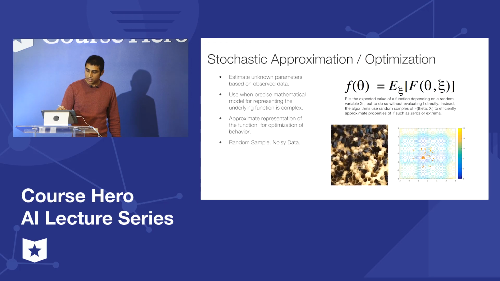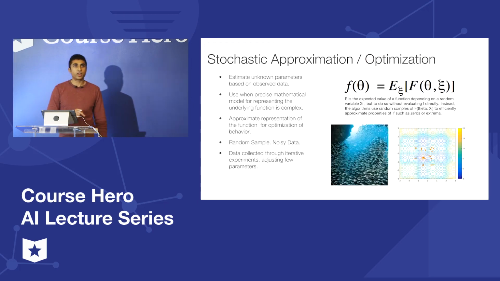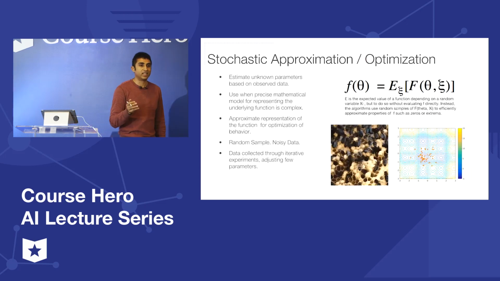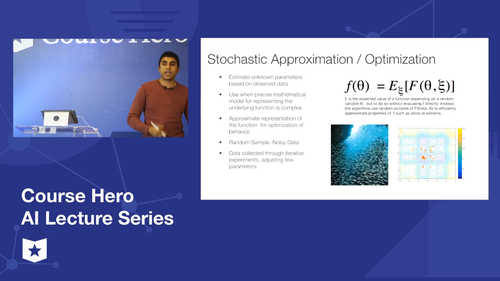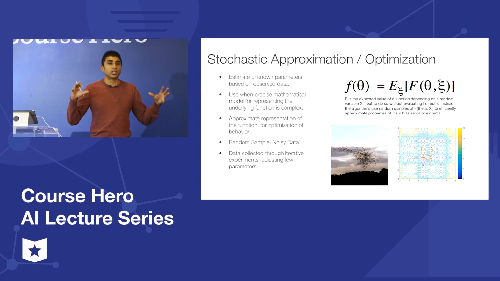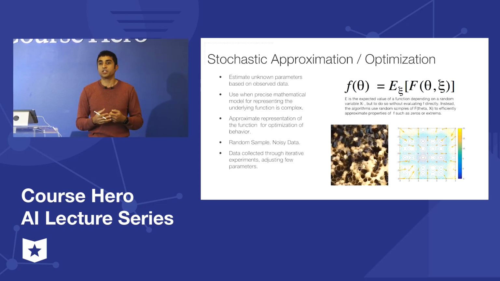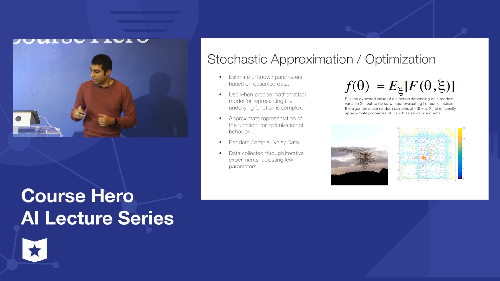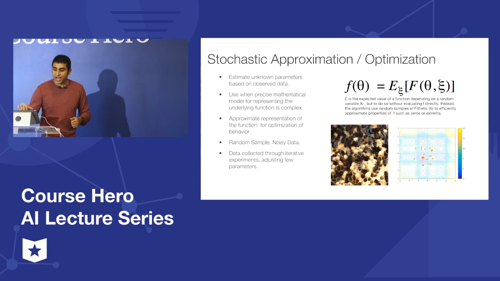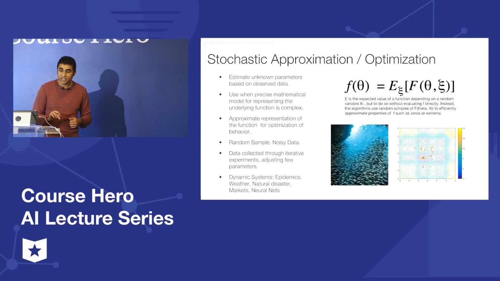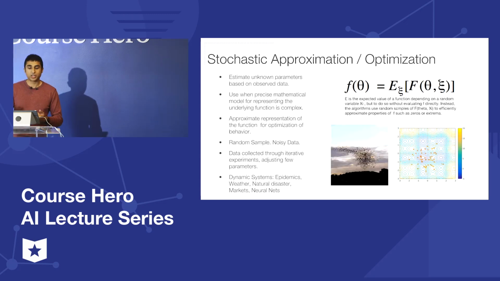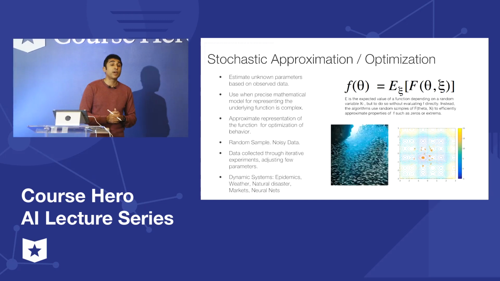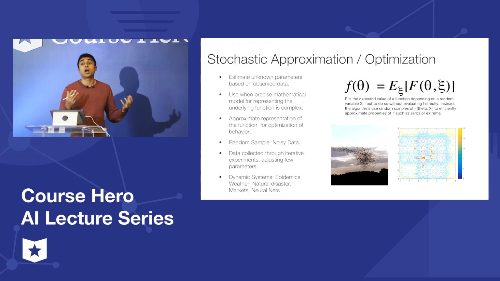This I'm going to revisit because I know we're running out of time. This concept of scaling the learning rates and the momentum comes from a field called stochastic approximation or stochastic optimization functions. I'll revisit this math next time. The examples of stochastic approximation come from applying optimizations for places where precise mathematical models are hard to compute.